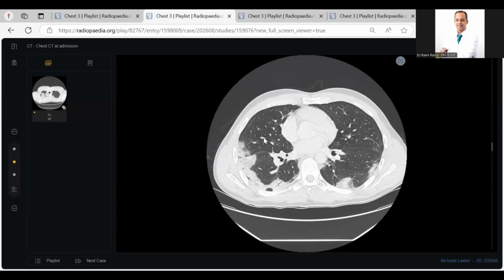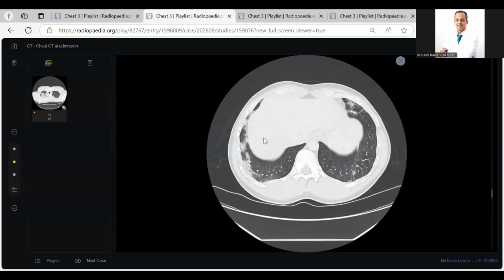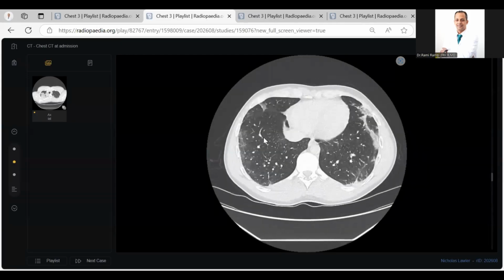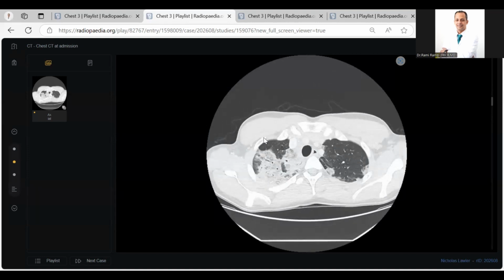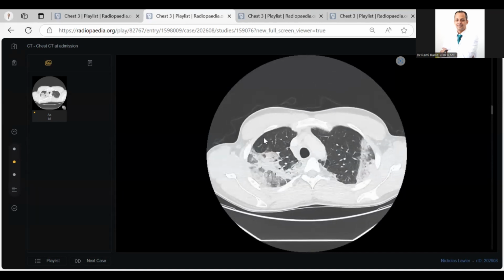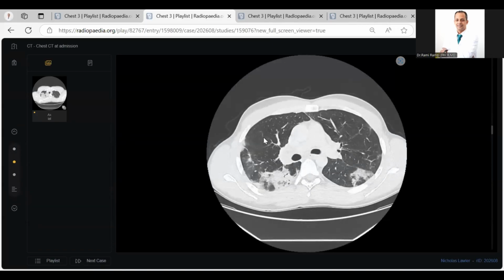So this is likely giving the reverse halo sign or atoll sign. So this confirms that this is cryptogenic organizing pneumonia. I will look again, because not all of them have the atoll sign.